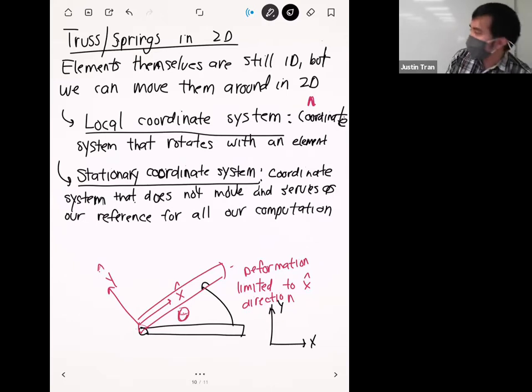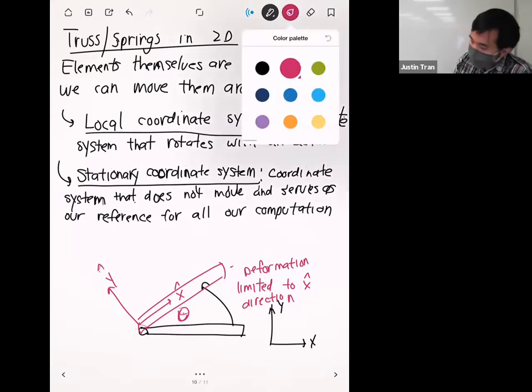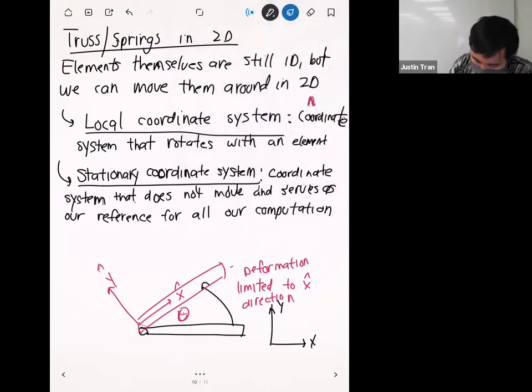And so, as we develop these 2D elements, we need something to refer back to, right? And the stationary coordinate system is going to be that, okay? Because we're going to have assemblies of lots of these different truss elements, right? And they're all going to be oriented a different way, right? And so let's say that we have another truss element, maybe it's vertically upwards, okay?